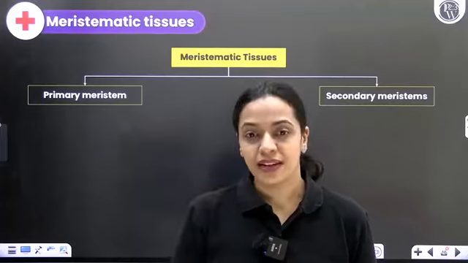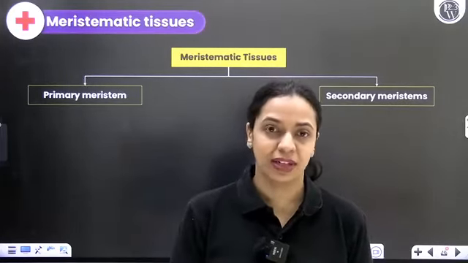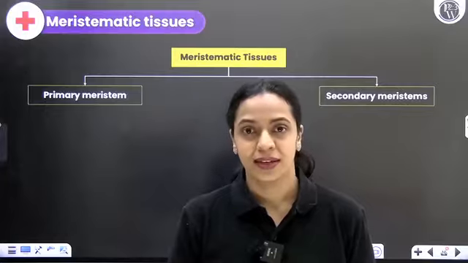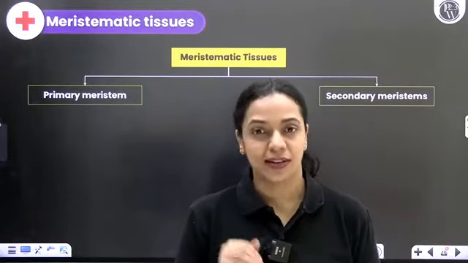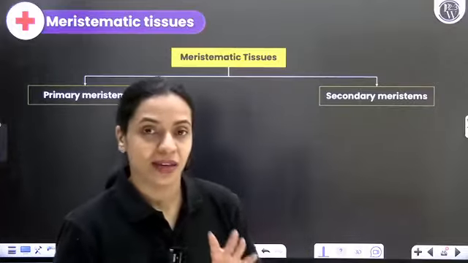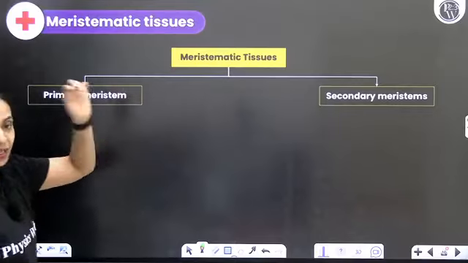So whenever newer xylem and phloem will form, that will be called secondary tissues. What is existing from the beginning, that is called primary tissues. Okay, so in these meristematic tissues also you have primary meristem and secondary meristem.